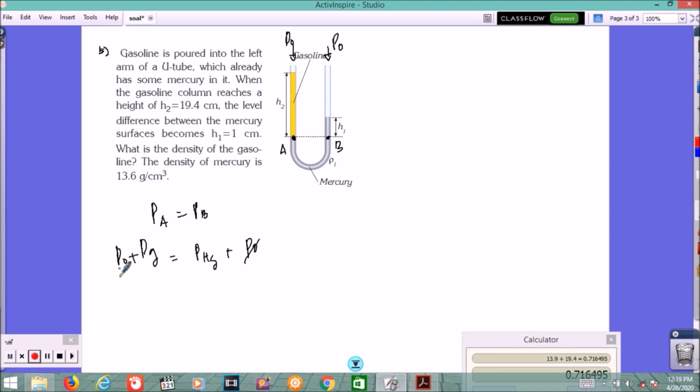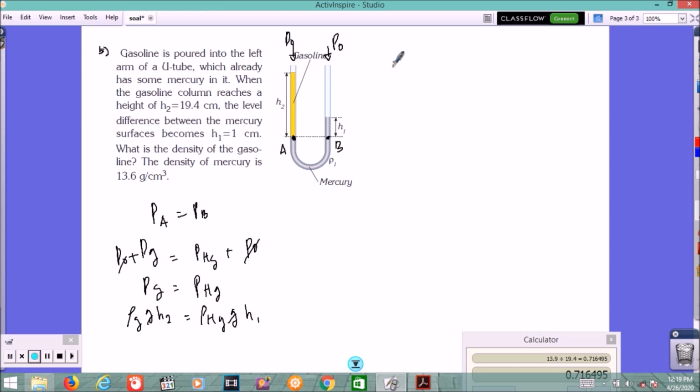You can directly cancel. P gasoline is equal to P Hg. Then P gasoline is rho gasoline G H2, equal to rho Hg G H1.